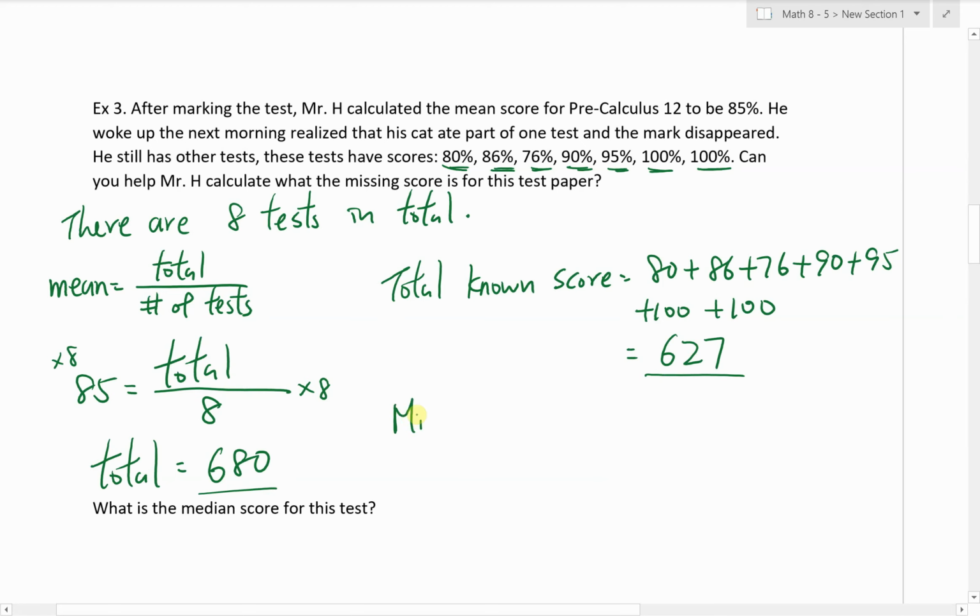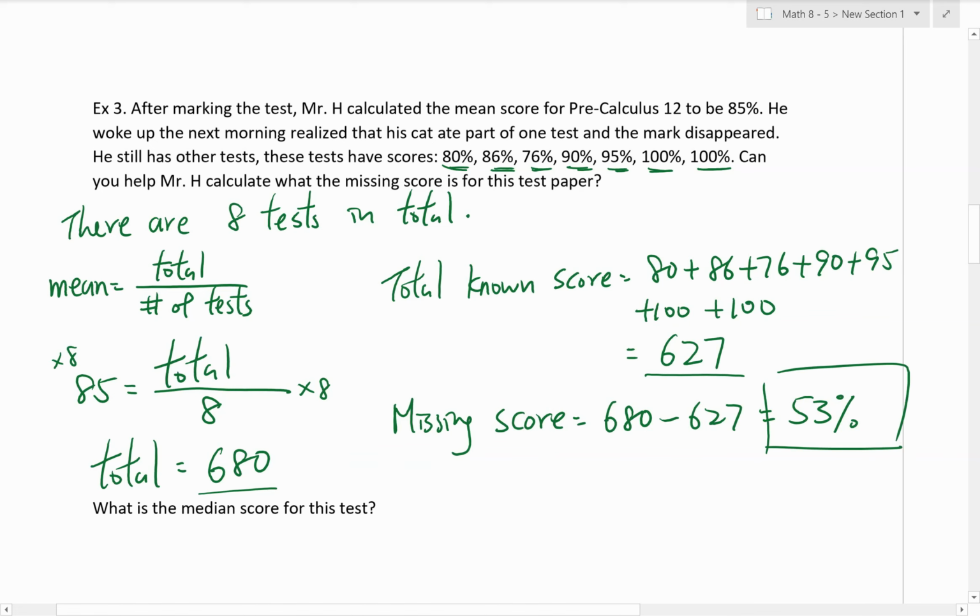So the missing score will be 680 minus 627, which is 53. This student scored 53% on this test.